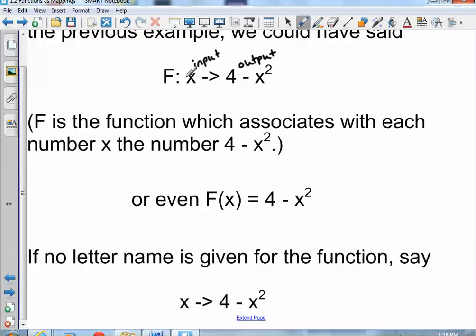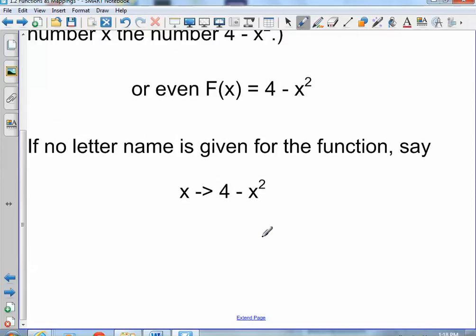If I don't tell you the name of the function, you could just say x goes to 4 minus x squared. Here I haven't defined the actual function, but I'm telling you the rule: you take an input to get your output, you just do 4 minus x squared. So there are several different forms we may see the same problem written in. Are we okay with those?